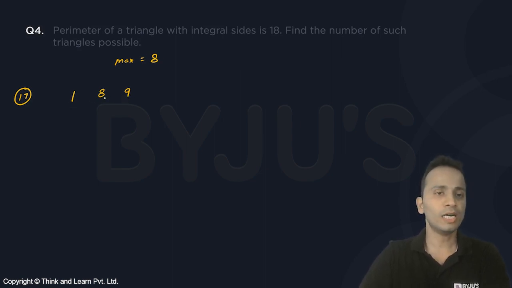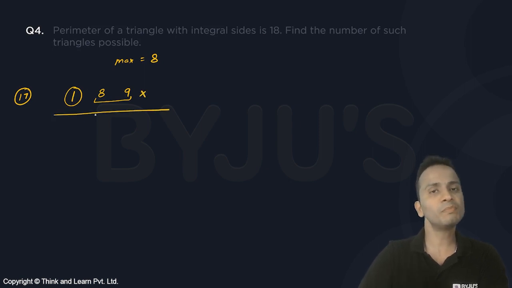So now, if I write 17 as the sum of any two numbers, one of the numbers will be either 9 or greater than 9. So I can say that triangle with side 1 is not possible. Okay, so with the minimum side length 1, the triangle is not possible.